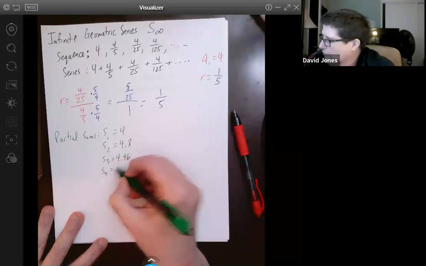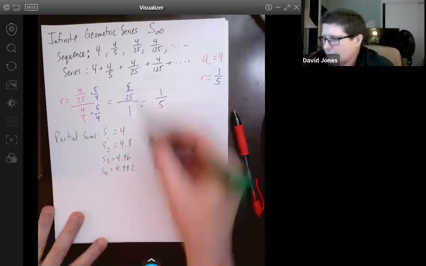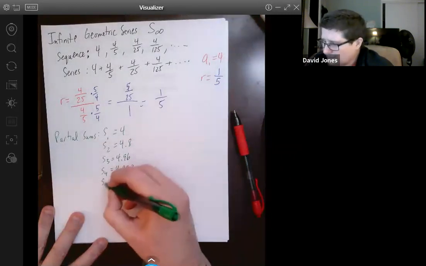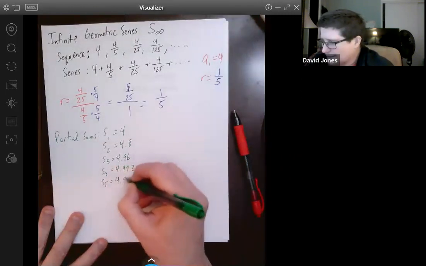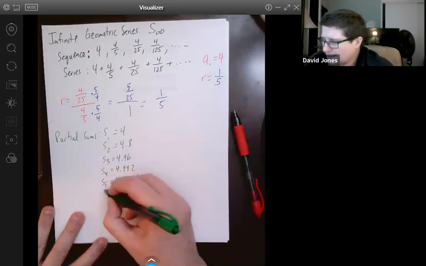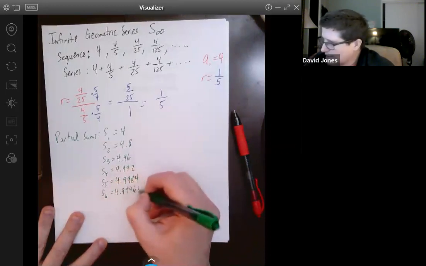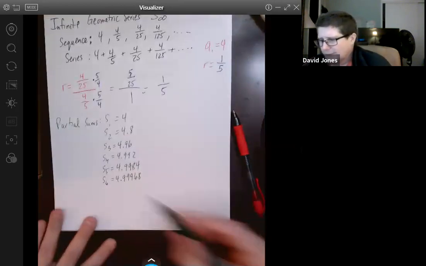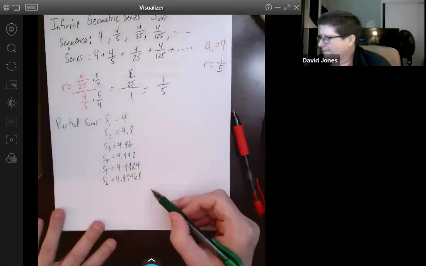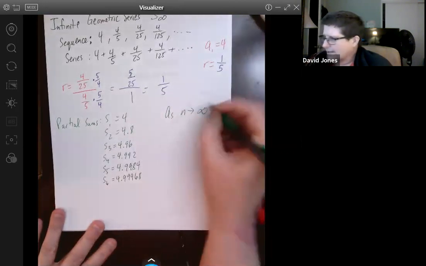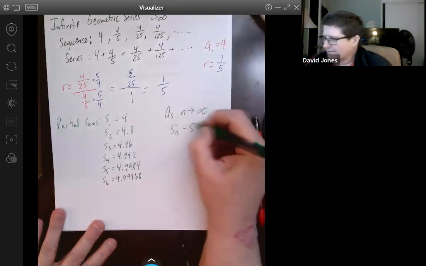S sub 4 is 4.992. I'm just going to keep adding these things up. I'm just giving you a few here. This is obviously calculator work. I'm not doing this in my head, and I've already pre-done this to expedite this. It keeps getting larger, but it doesn't go above 5. As n goes to infinity, S sub n goes to 5.